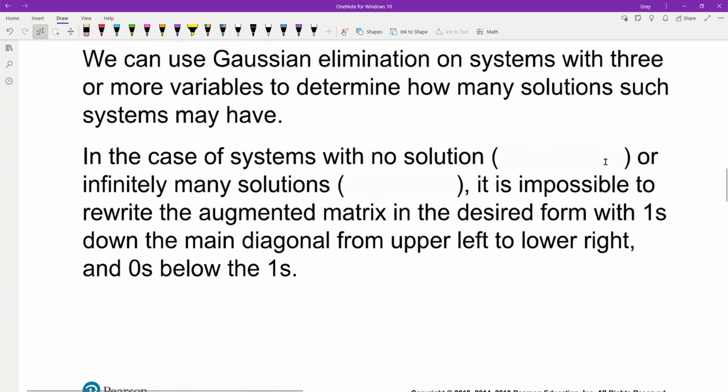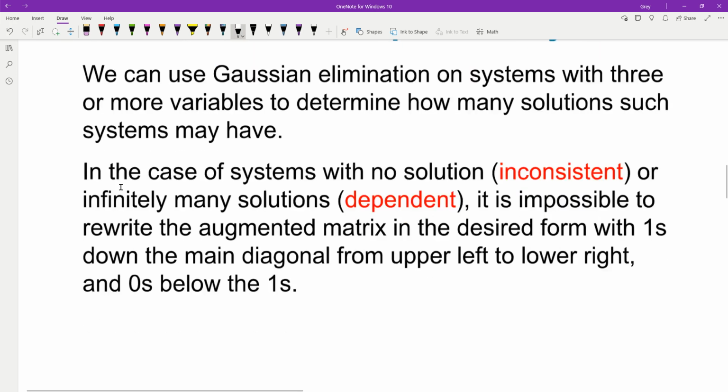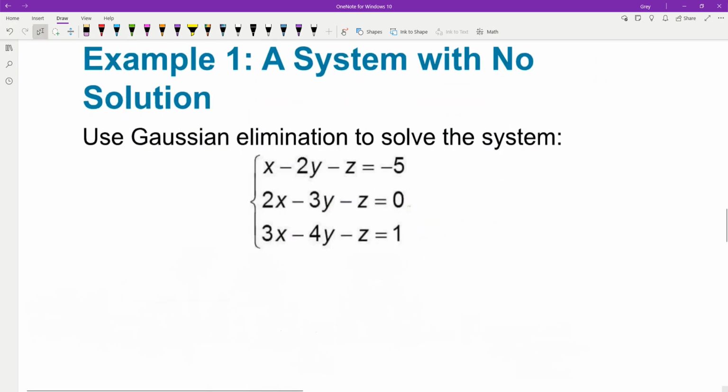Keep in mind that we can use Gaussian elimination on systems with 3 or more variables, but sometimes we can't always get it in row echelon form. That would be perhaps if there's no solution, it's inconsistent, or if it has infinitely many solutions and is dependent. So we're going to do the best we can to interpret those results.